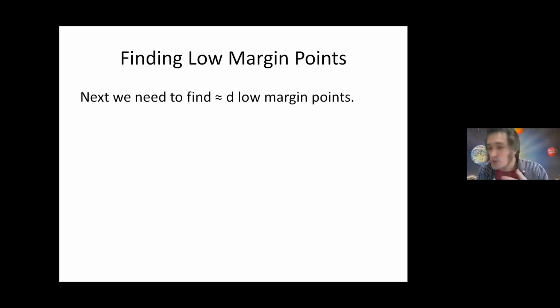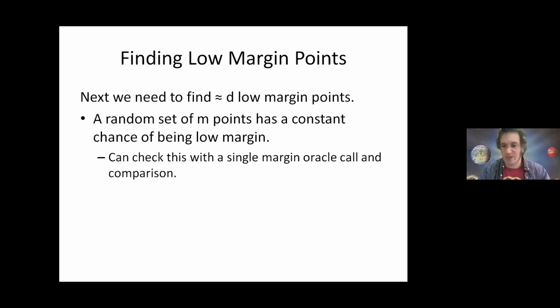Now, once we know where the structure is, we still need to find approximately D random low margin points. However, with this margin oracle, there's a reasonably easy way to do that. If you take a random set of M points, this will have a constant probability of all the points in that set being low margin.